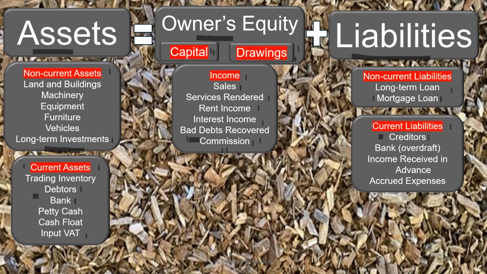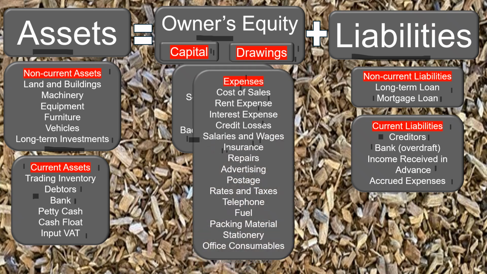If we spend more than what we have in our bank account, we talk about a bank overdraft, and if we owe the bank money, it is a current liability. Income received in advance and accrued expenses we will deal with when we work with year-end, they're adjustment accounts.